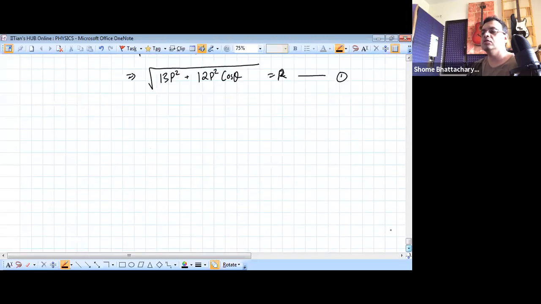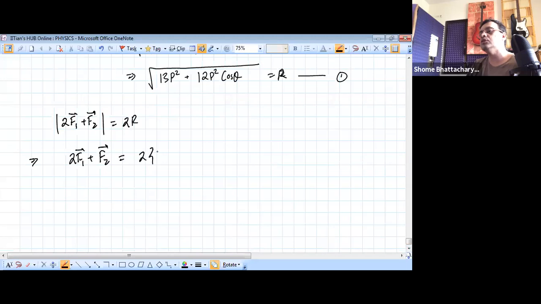Okay. Now the second information that is given to us, that 2f1 plus f2 should have a magnitude of 2r. So let's look at 2f1 plus f2. That will become how much? It will be 2 times f1, which was 3p i cap, plus f2, which was 2p cos theta i cap, plus 2p sin theta j cap.